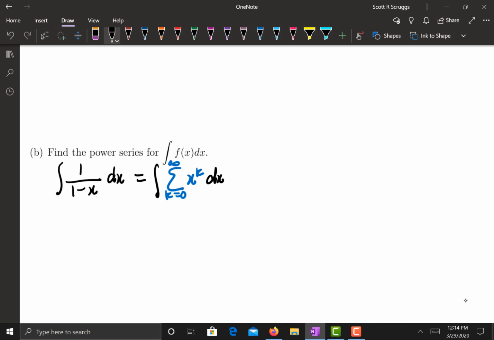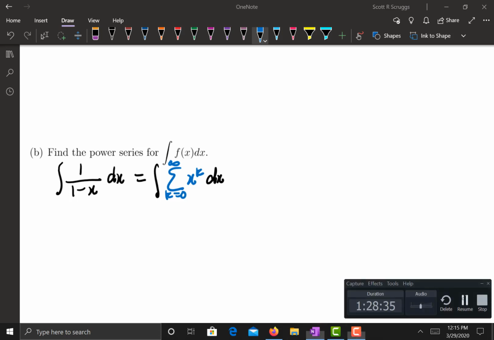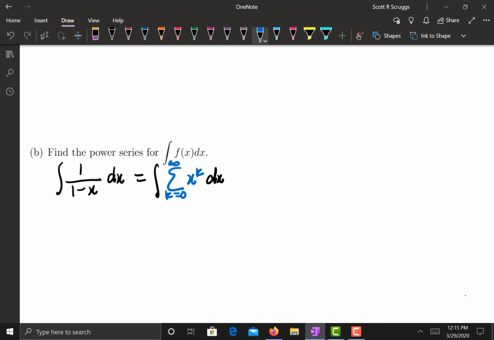Now, the integral of 1 over 1 minus x, if I take the integral using the techniques that we talked about, you'll see that that is negative the natural log of the absolute value of 1 minus x plus a constant c, because it's an indefinite integral.